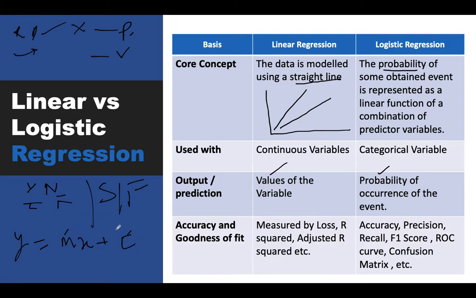If we know the values of c and m, then anyone who gives the value of x will be able to give the value of y. So there we find the values, and here we find the probability. You can't use linear regression in some logistic cases. Why? We'll see in practical what the difference is, what happens when we use linear regression in logistic cases, and what happens when we use logistic regression.